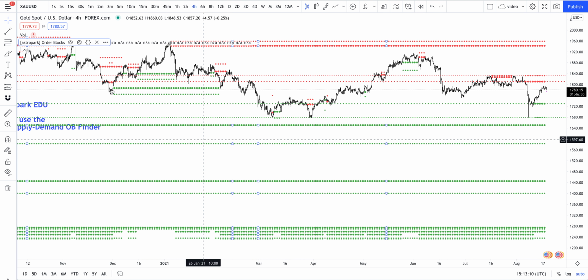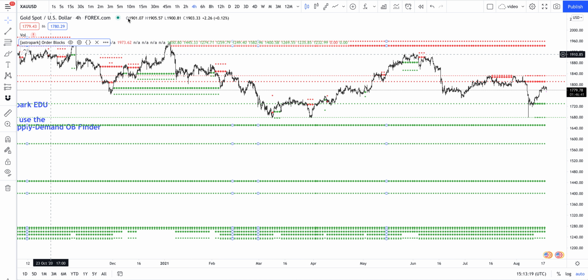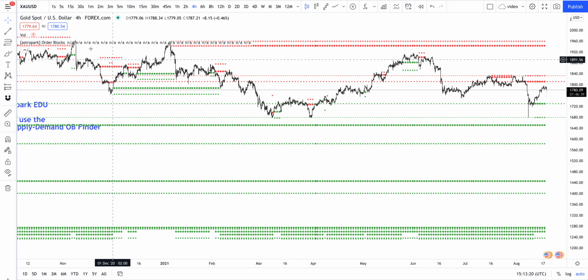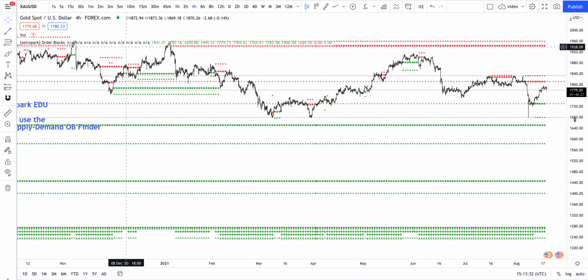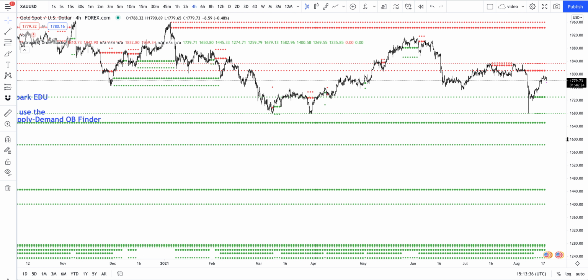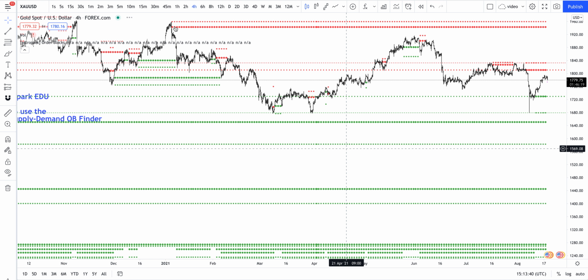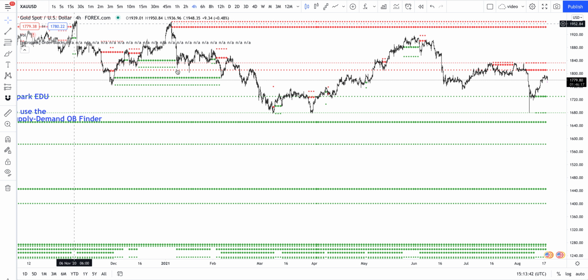Or for example, you can see here the power of a daily zone. After this peak, let's move the chart a bit. After this peak, you can see here that price fell into these two demands. First here, a little bounce.